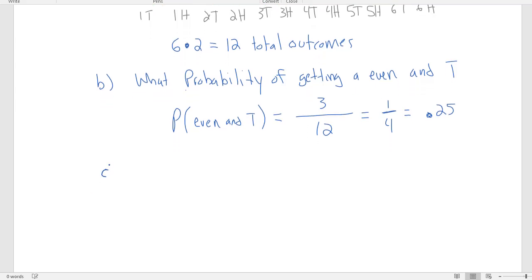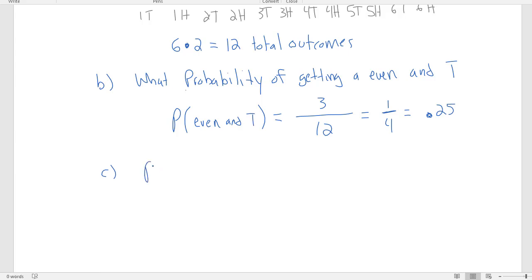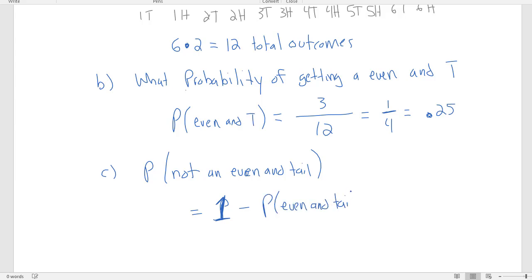Now again, just to connect to the complement rule, what if we ask what's the probability of not an even and a tail? Again, this is a relatively small sample space. I could look back up and count, or I could remind myself of the complement rule, that this is 1 minus the probability of getting an even and a tail.